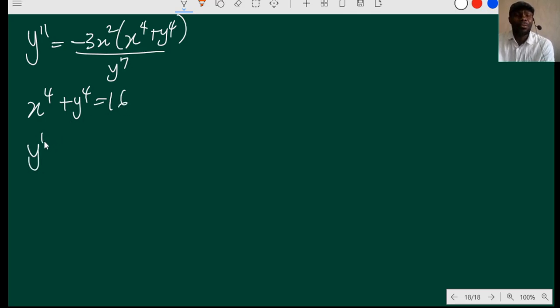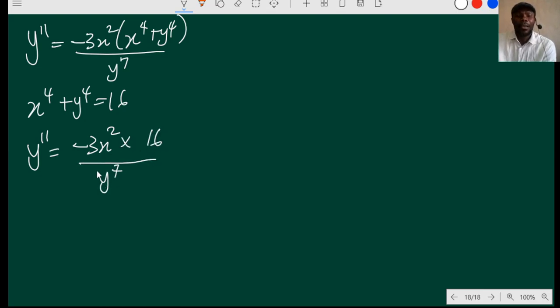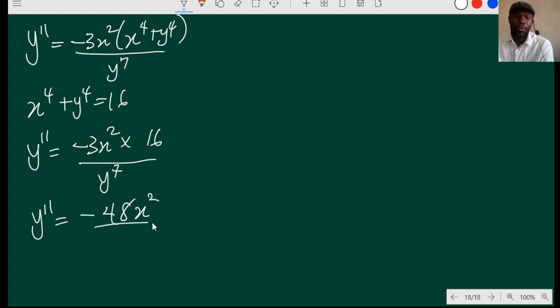So therefore, y second prime will now be minus 3x squared times 16 all over y raised to power 7. So y second prime will now be, from the analogy, minus 48x squared over y raised to power 7. So this is the answer. That is the final answer so far.